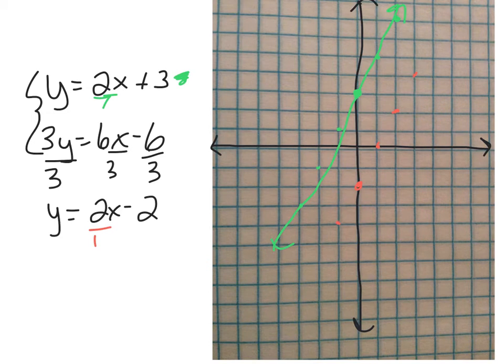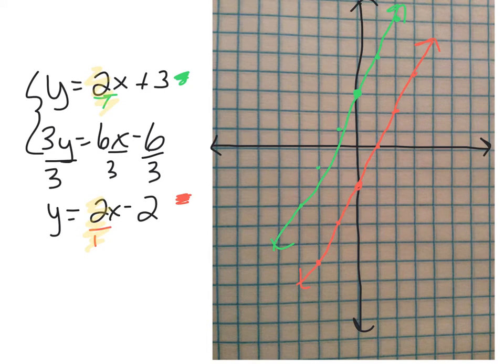And what you should be noticing is these two lines are not getting closer or further away from each other. They are staying the same distance apart. And if you look at the equations, you'll notice that they have the same slope. The slope is the number in front of the x, so we've got a 2x and a 2x.